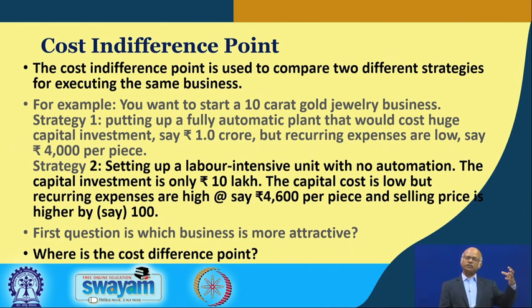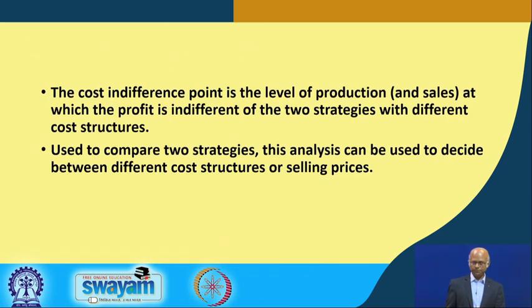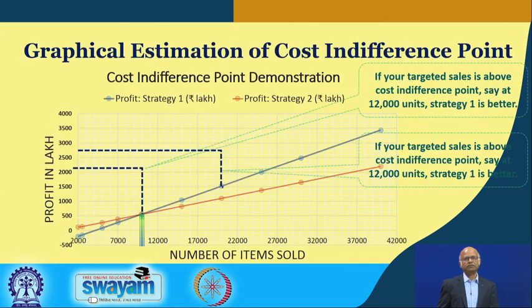Meaning the fixed cost is high for a company, fixed cost is low for a company, variable cost is low for a company, variable cost is high, but then there will be one point where they will meet together, the profit will meet together. That is cost indifference, meaning that profit is indifferent of cost. So, the cost indifference point is a level of production and sale at which the profit is indifferent of the two strategies. These are cost strategies.